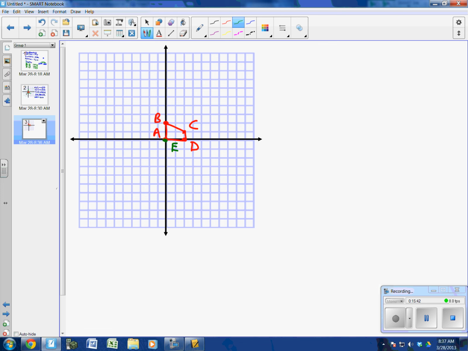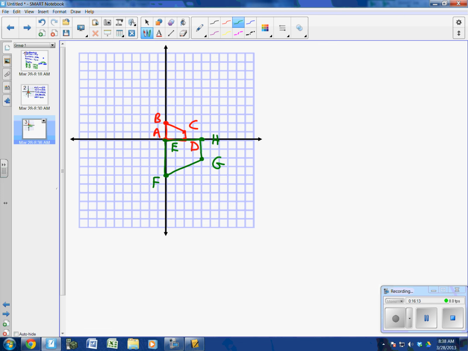H is at 4, 0. We have G at 4, -2. And we have F at 0, -4. Okay, and so we're supposed to transform ABCD onto EFGH.